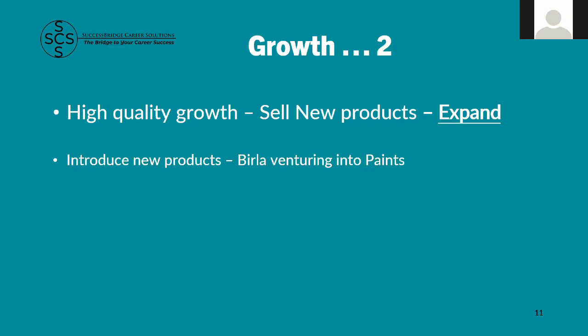Now the jury is out as to how successful their strategy is going to be, because it's just about a year, and their goal is to dethrone Asian Paints from the number one position in paints. So it remains to be seen.